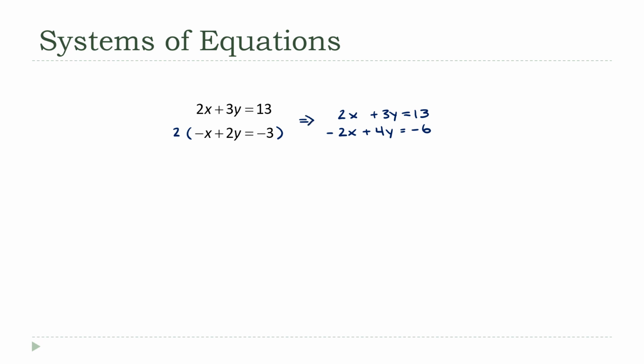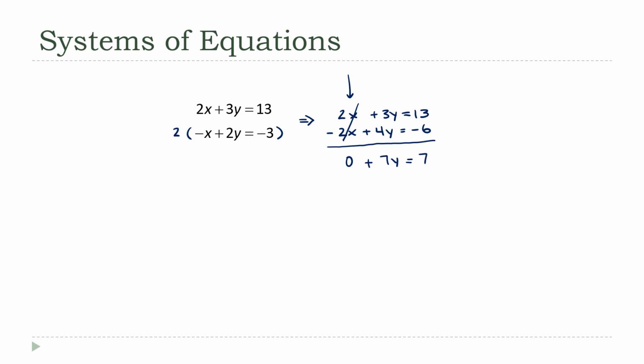Now look at what I've got. This is always my goal with this elimination method, right? I've got 2x in one equation and minus 2x in the other equation. Now I can add these together and stuff is going to cancel. This is 0. 3y plus 4y is 7y. 13 minus 6 is 7.